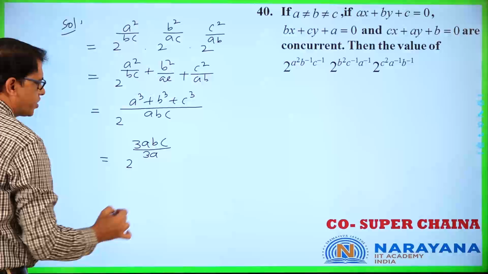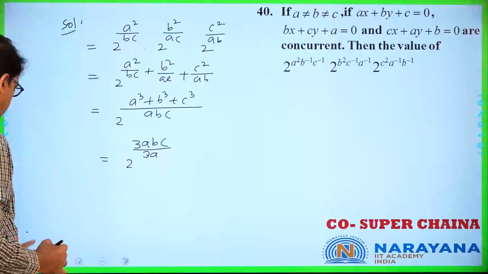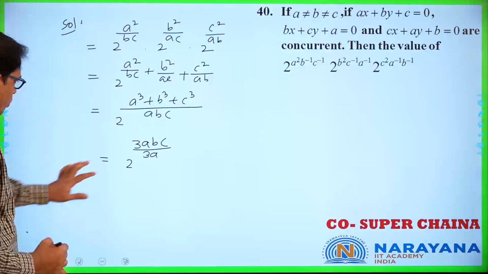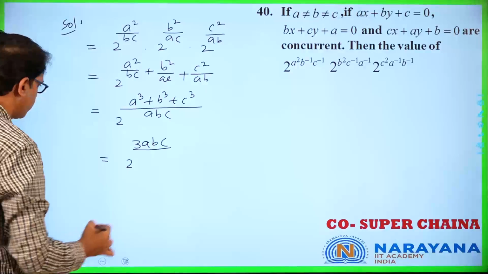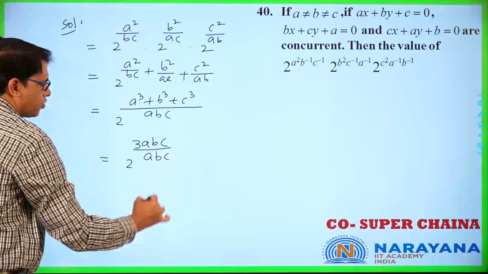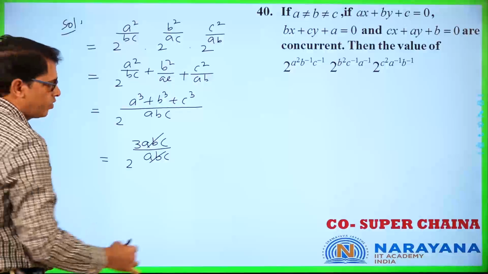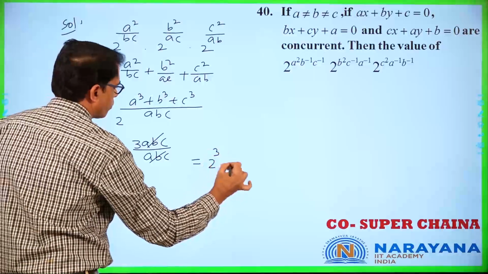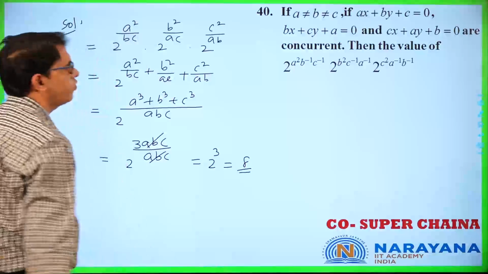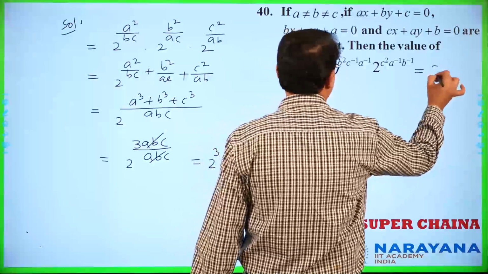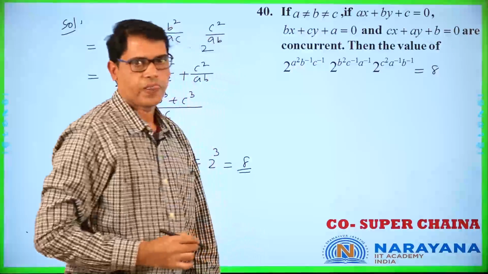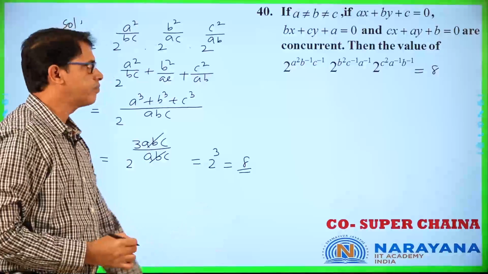So here abc cancel out, so we are left with 2 cube, that equals 2 cube, so the required value equals 8. So therefore the value of this one equals 8. Okay, simple one.